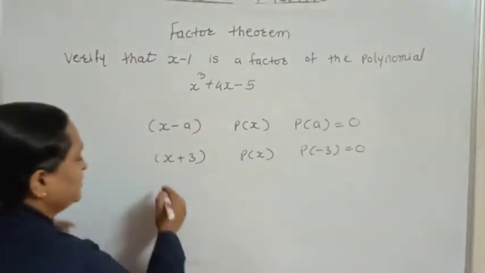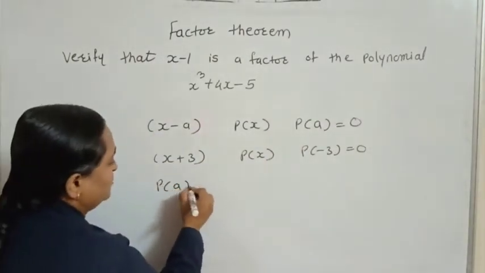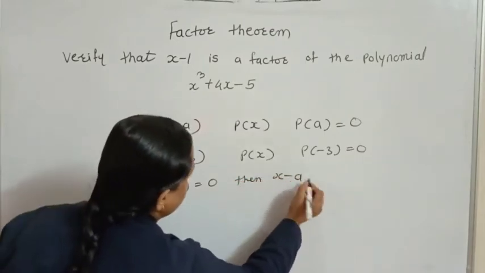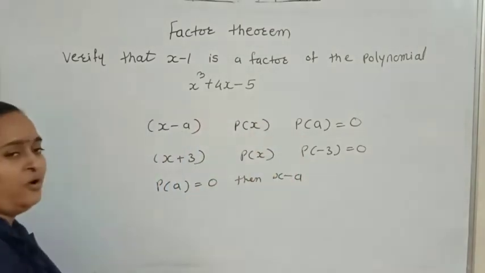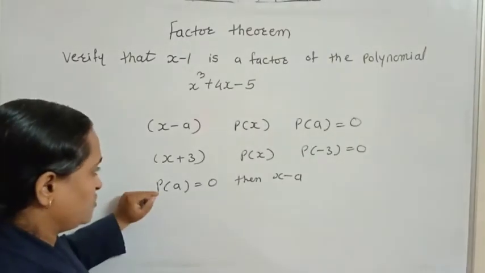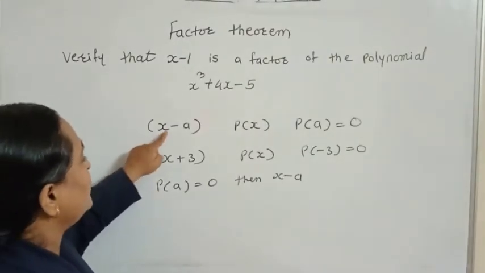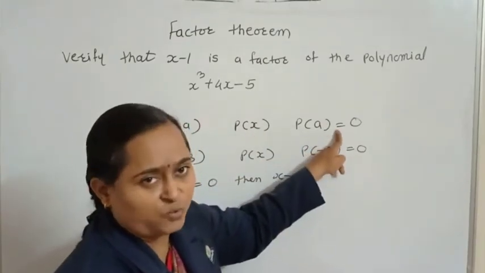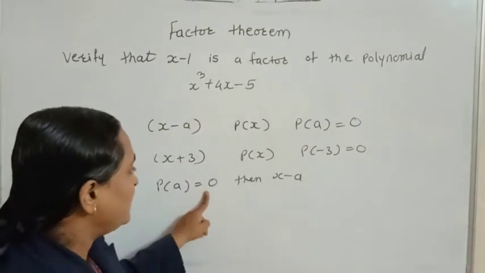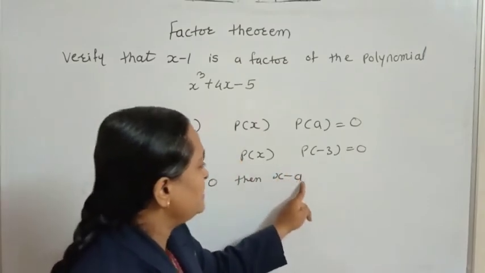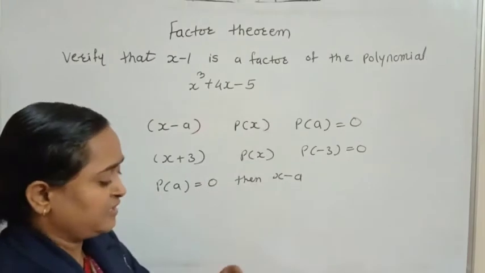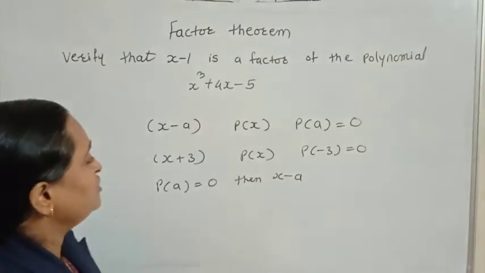Now the converse: if remainder is 0, means if p of a is equal to 0, then x minus a is a factor of p of x. This is the converse of that. Means the theorem is, if x minus a is a factor of p of x, then remainder is 0. Conversely, if remainder is 0, then x minus a is a factor of p of x. This is factor theorem. Now one example we will solve based on this.